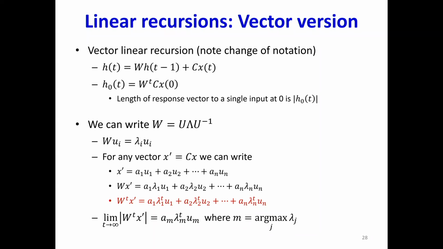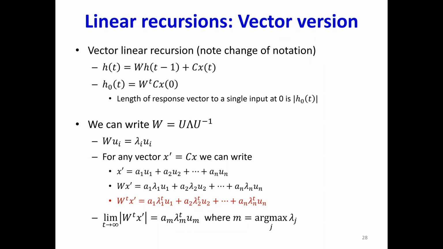W times Wx, W squared x, is going to be a1 lambda 1 squared u1 plus a2 lambda 2 squared u2, and so on. This making sense? Or in general, W raised to t times x equals a1 lambda 1 raised to t u1 plus a2 lambda 2 raised to t u2 and so on. Okay, so everybody with me?